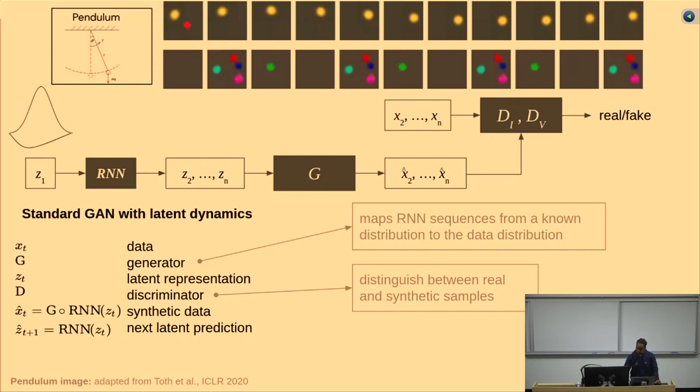This top row is a synthetic example, of course, but it's supposed to show the motion of a pendulum where the mass itself is rendered as a Gaussian blob. This is an example from our data set. And this trajectory on the bottom is an example of the videos that are produced in this architecture.